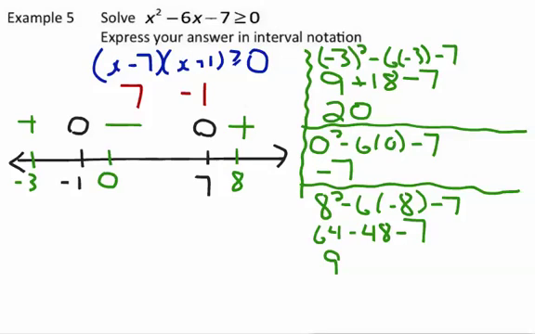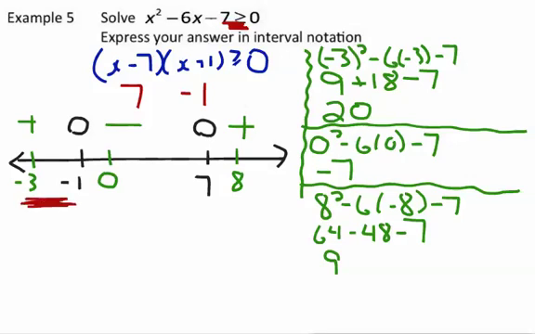Now I need to look at my original inequality and determine exactly what I'm trying to find. Well, if I look at my inequality symbol, I am looking for whether this quadratic is greater than or equal to 0. Greater than 0 meaning positive. If I look back at my number line, I've got two sections where this works out to positive.